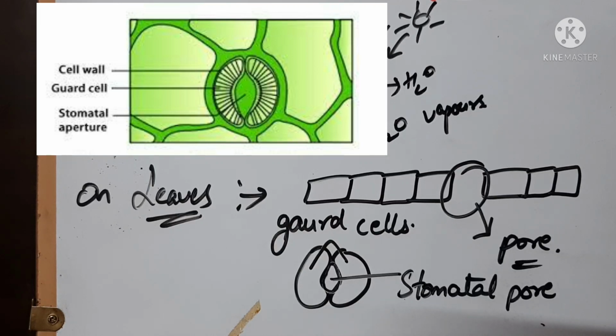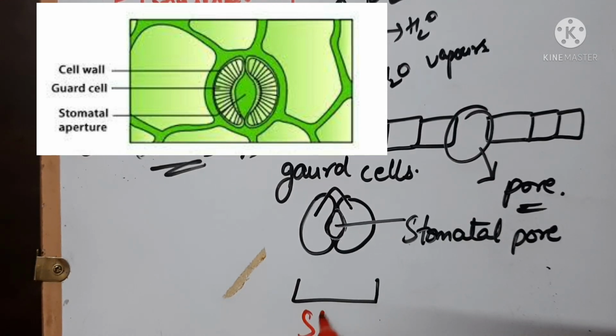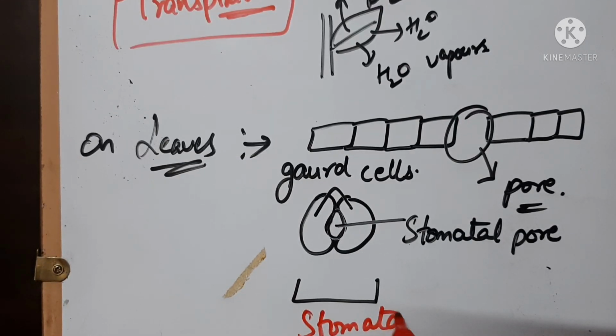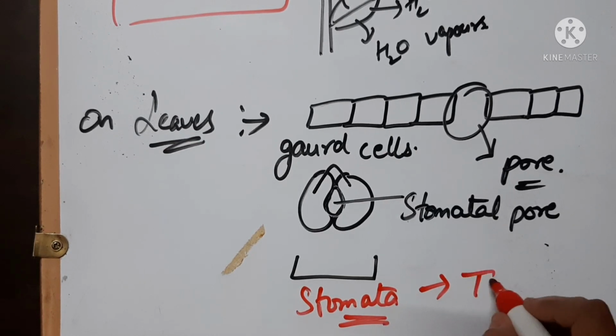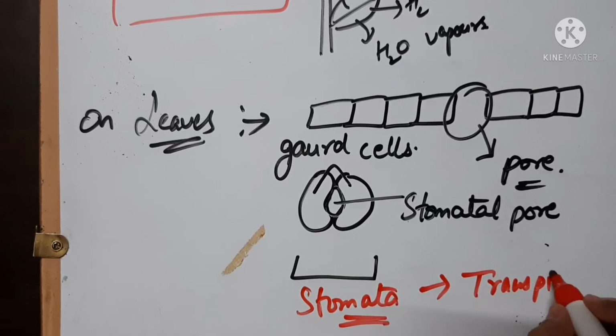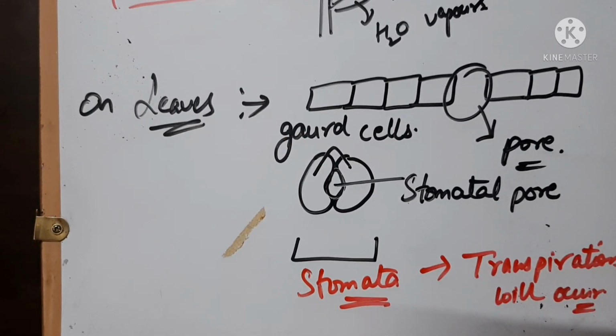And this is the stomatal pore, and this complete apparatus is called stomata. From stomata, transpiration or loss of water will occur. Alright, so from stomata transpiration will occur.